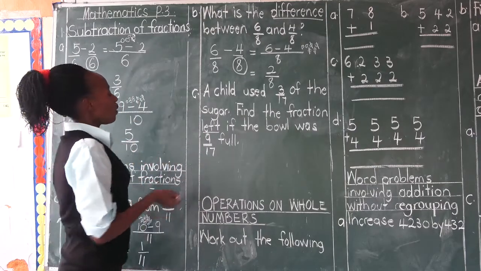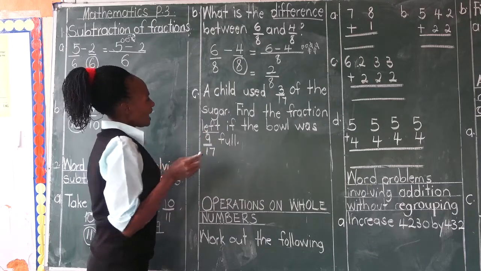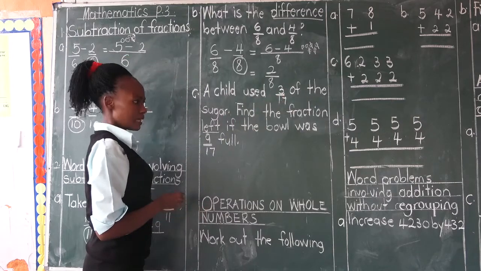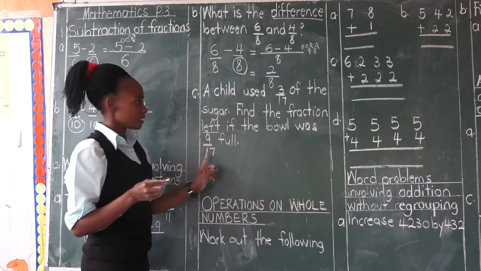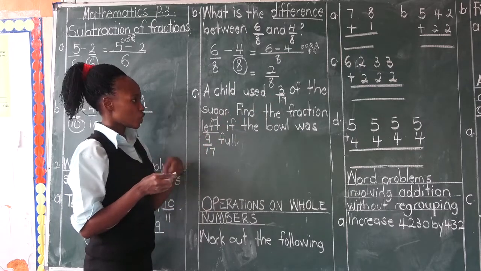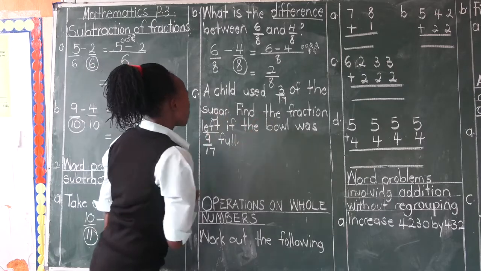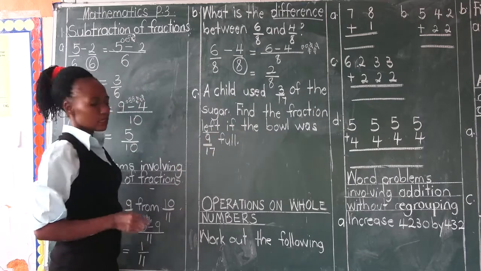Whenever I find this, just know that you're going to take away. If a child used 3 out of 17, and the bowl was 9 out of 17, what fraction was left?